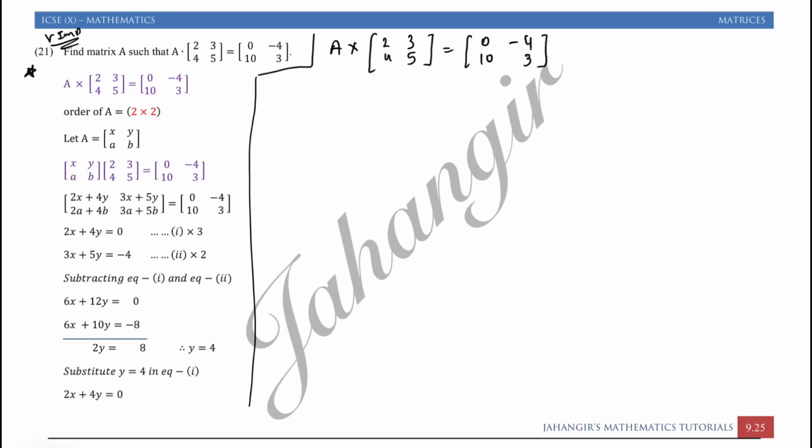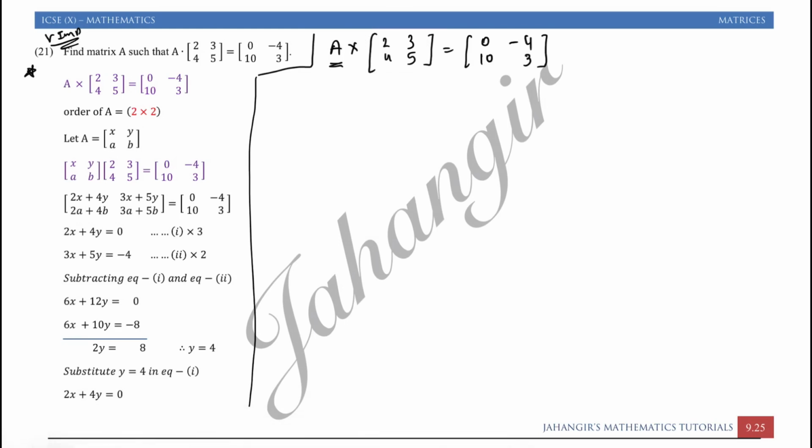So if you have to find A, we can just shift it below as a division. If I have 3x is equal to 15, I do x is equal to 15 upon 3, but in matrices we cannot divide. Division is not possible in matrices. So if division is not possible, how will we find this matrix A?